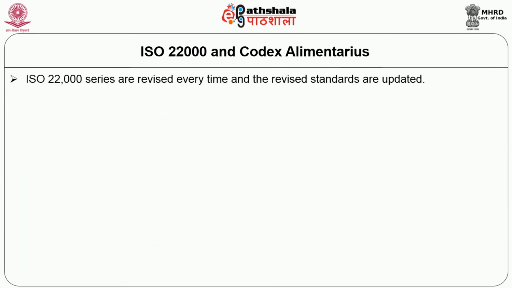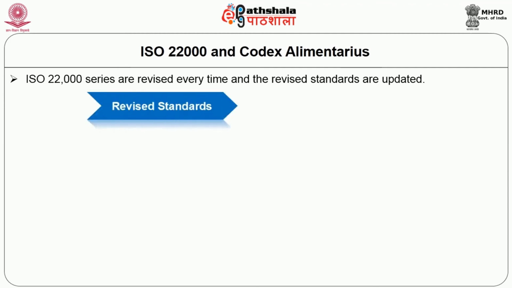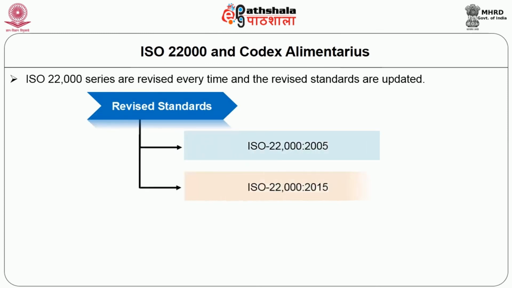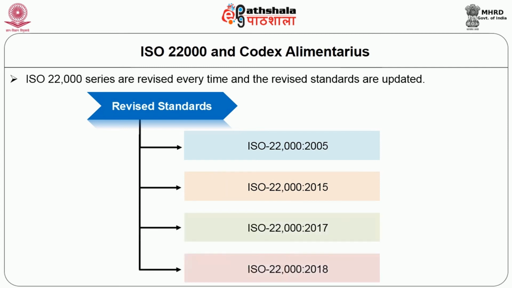Food safety management system. ISO 22000 series are revised every time, and the revised standards are updated as follows: ISO 22000 2005, ISO 22000 2015, ISO 22000 2017, and ISO 22000 2018.